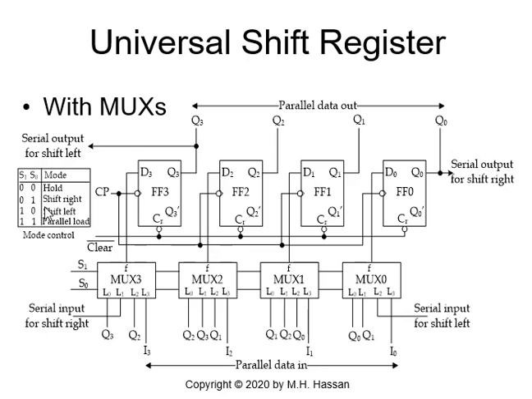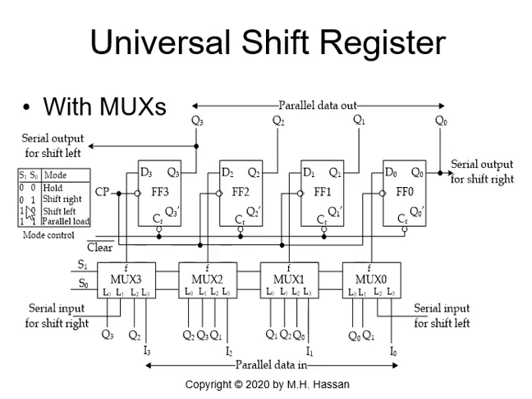If S1 S0 is 0 0, we are in the hold mode. It means the data loaded will be Q3, Q2, Q1, Q0. So the same data in the flip-flops will be loaded again, and you don't see any change.